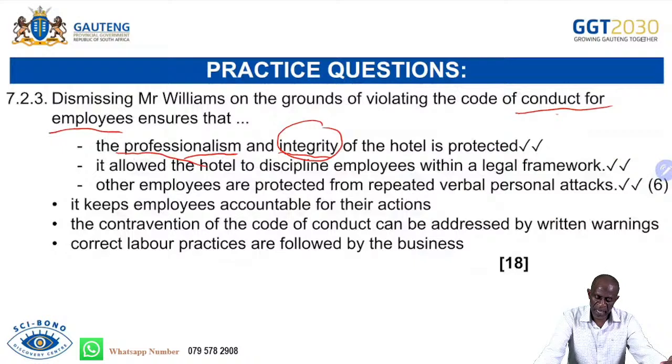Correct labor practices are followed by the business. So the business followed the correct procedure because they started off by expressing their concerns verbally. They gave a written warning, and Mr. Williams was expelled. I'm sure as I explain these answers, I'm also giving you some signs and some clues as to the kind of questions that you will expect in the final examination.